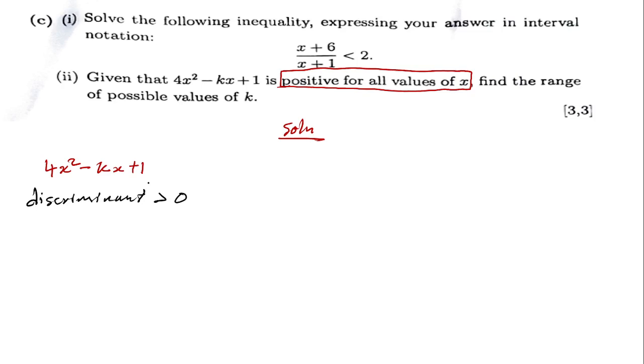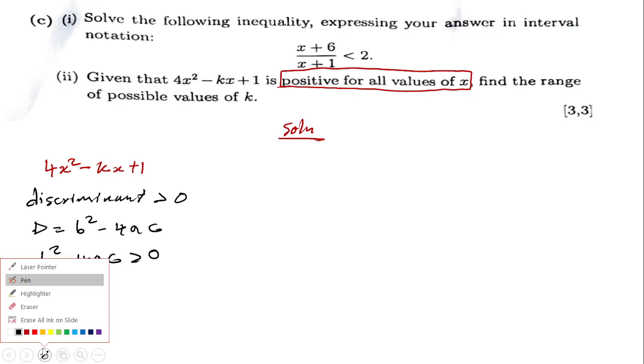So in such a case, since it's a positive value, what we are going to do is say discriminant, which can be represented by d, is equal to b squared minus 4ac. So we are going to say b squared minus 4ac is greater than 0. You're going to identify which one is a, which one is b.